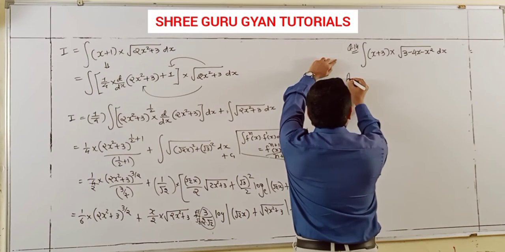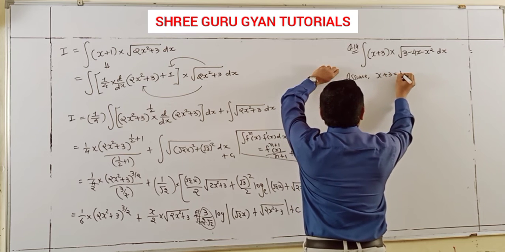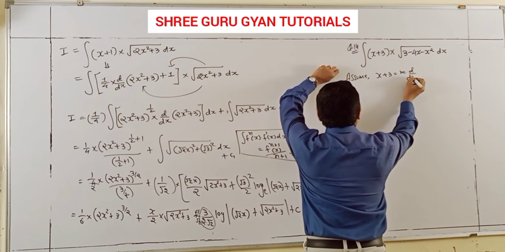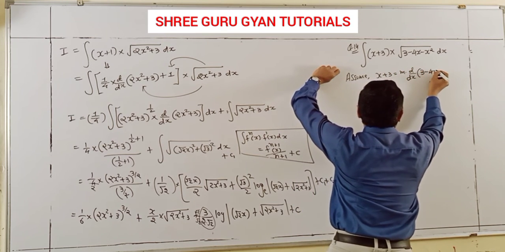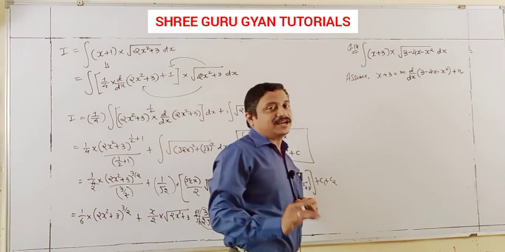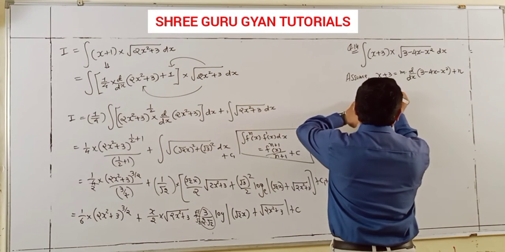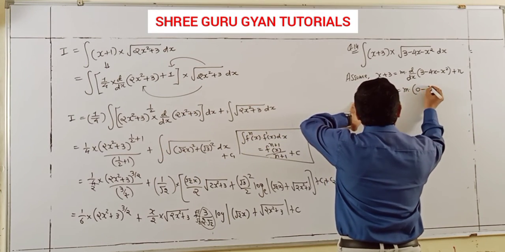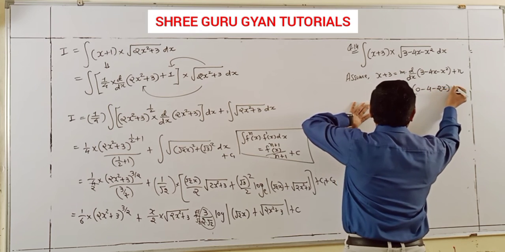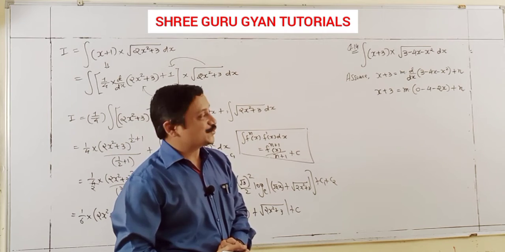So assume x plus 3 is m d/dx of the expression plus n, and decide the m and n values. Here the derivative of 3 minus 4x minus x square is minus 4 minus 2x.